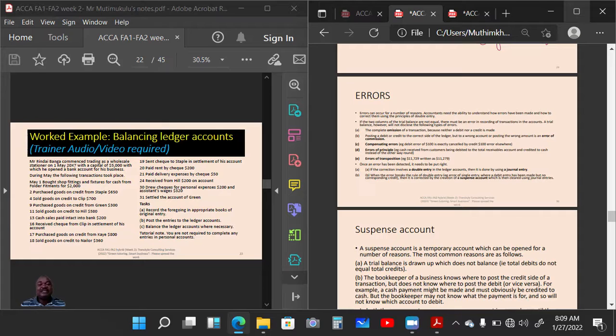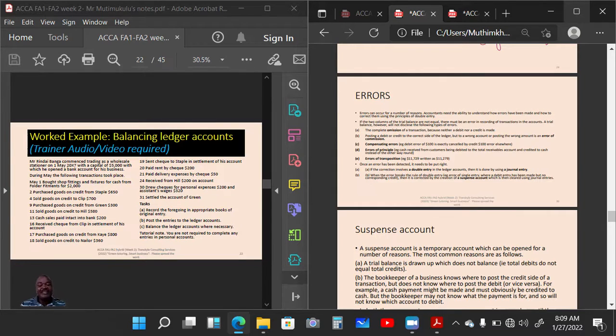Sometimes a trial balance balances, but in error. If the two columns of the trial balance are not equal, there must be an error in recorded transactions in the account. A trial balance, however, will not disclose the following types of errors, which means that in this case, the trial balance will be showing a well-balanced trial balance.